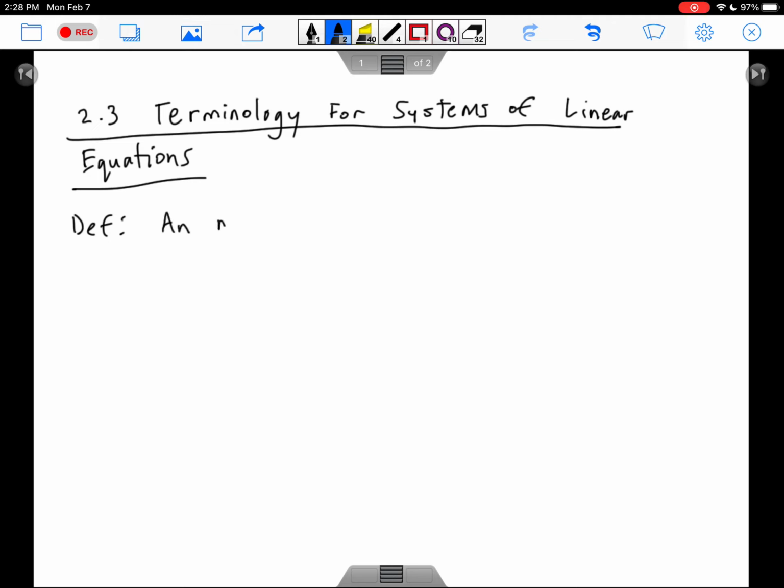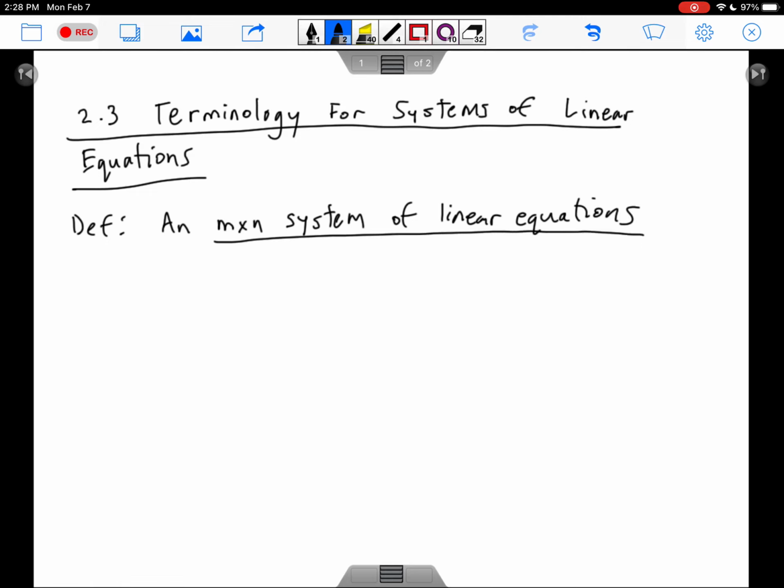An m by n system of linear equations is a set of equations of the following form.